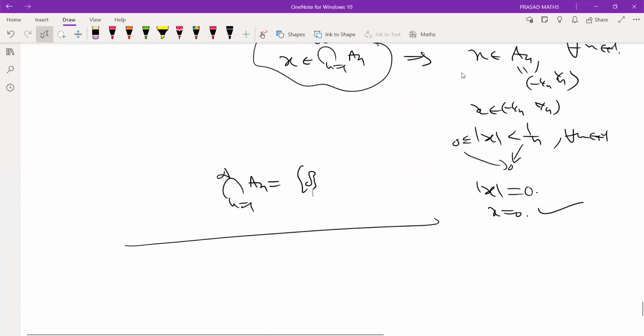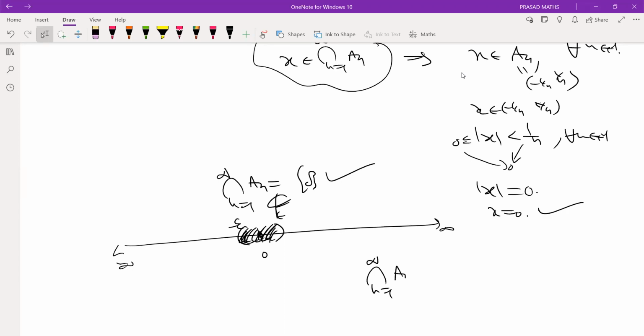Therefore, is it a neighborhood of 0? Is the singleton {0} a neighborhood of 0? No, sir. Give me any neighborhood, it contains so many rationals and irrationals. It should not be contained in the singleton. Many such points exist, and they are not in the singleton {0}. So what do you observe?